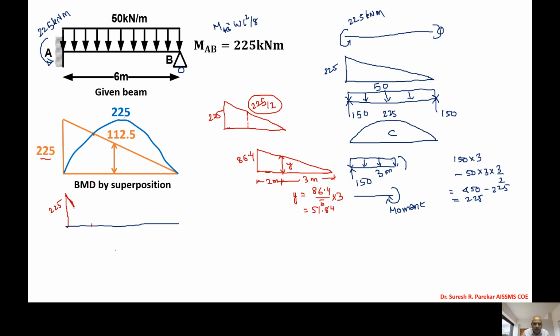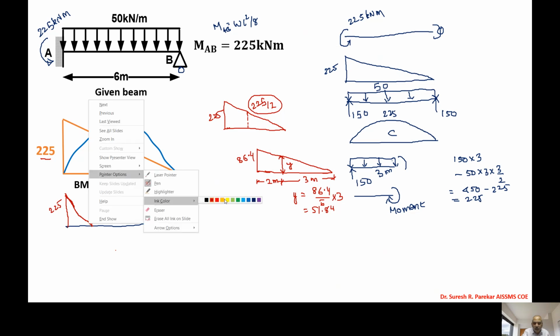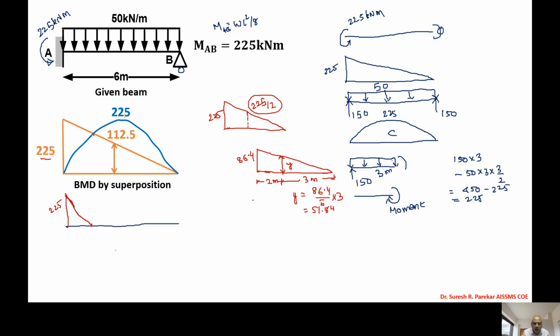So till this point we have it due to fixed end moment, and therefore we have plotted it on the upward side, and the remaining portion we have due to the blue line, and therefore we have to plot it below, and then we will have this diagram, 112.5 kilonewton meter.